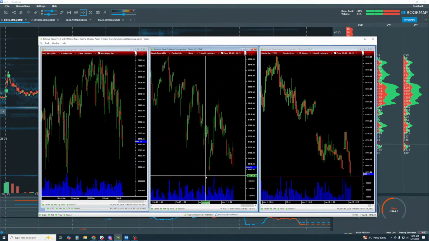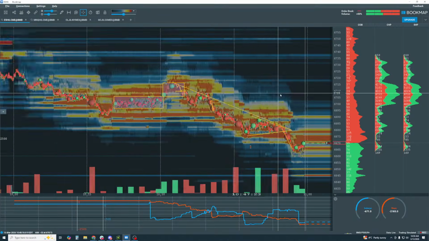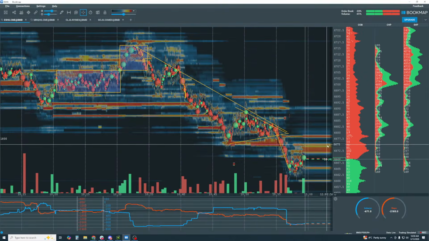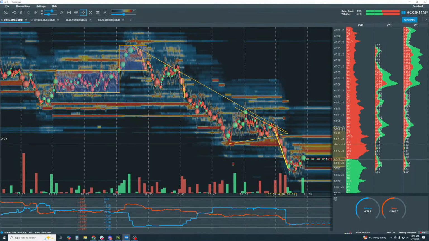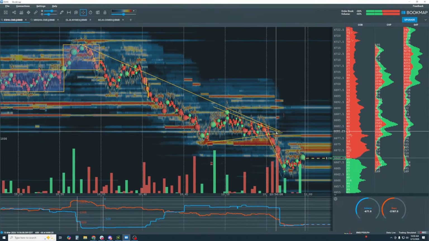So this is from back here. So this is the wick here. So I'm looking for the next stop down here around 42. Basically, it's not going to get there just like that. Another 20 points. It's not going to get there immediately. We're going to get some back and forth.